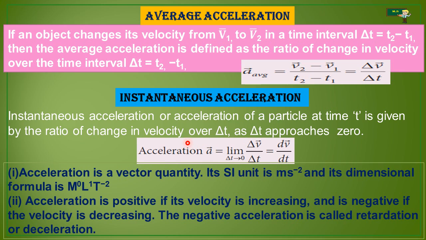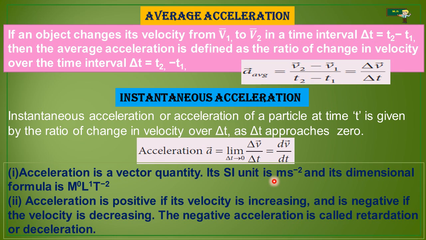What do we mean by instantaneous acceleration? I think you all know the word instantaneous. It means a sudden, immediate acceleration or immediate velocity or immediate decision is called an instantaneous action. Instantaneous acceleration, or acceleration of a particle at time t, is given by the ratio of change in velocity over del t, where del t is the final time minus the initial time.